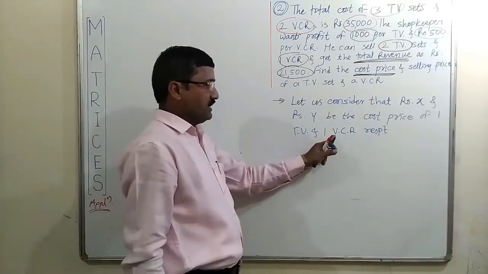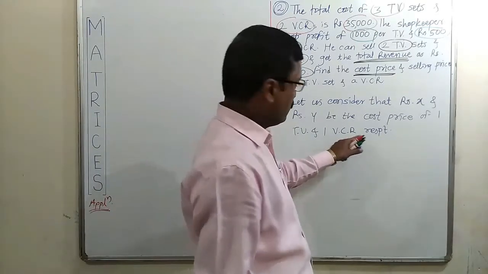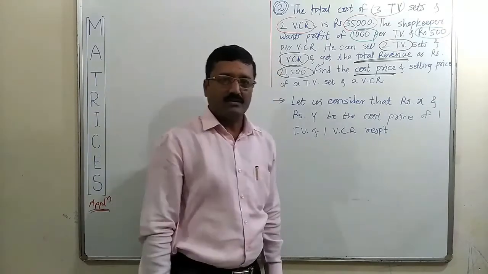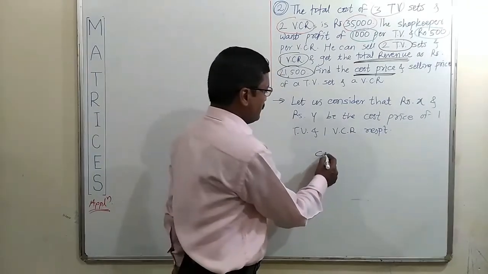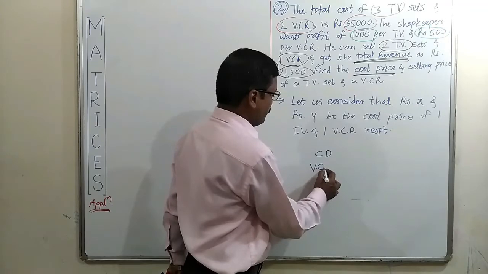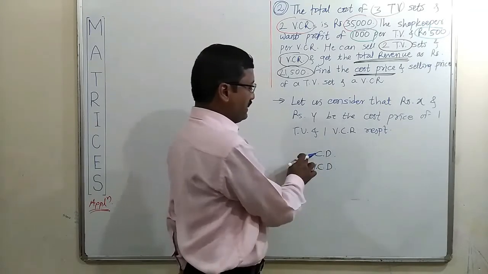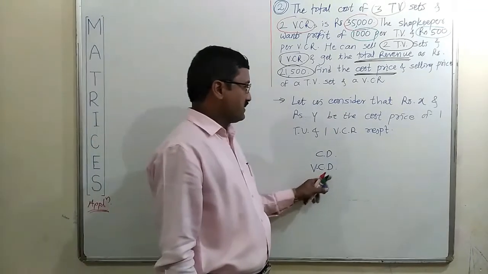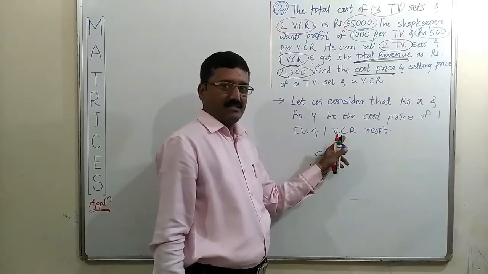TV means television, VCR means video cassette recorder. Now we are not using this VCR because we have CDs or VCDs. This CD means compact disc, and VCD means video compact disc. Now we are using discs instead of these cassettes.